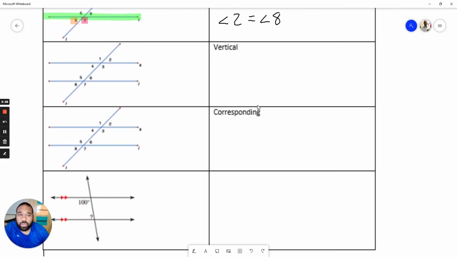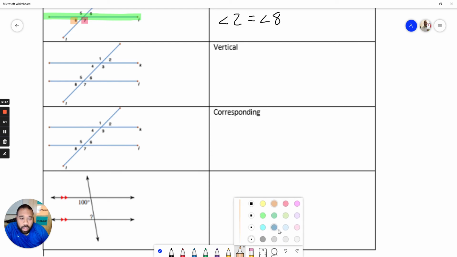The next angles we're going to talk about are angles that are vertical. Vertical angles are angles that are across from each other. So angle 2 and angle 4 are vertical angles.